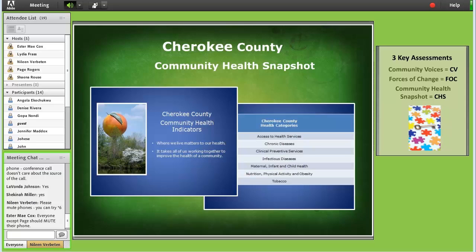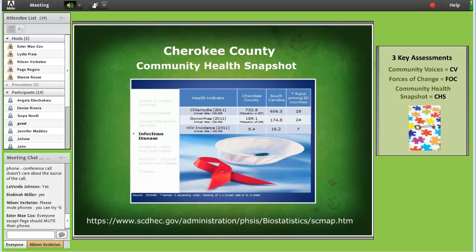You can see there on the right, these are just some of the categories and some of the information that was represented there: access to health, chronic diseases, clinical preventive services, infectious diseases, maternal, infant, and child health, nutrition, physical activity, and tobacco. And in the next slide here, I'll tell you why we chose those categories.